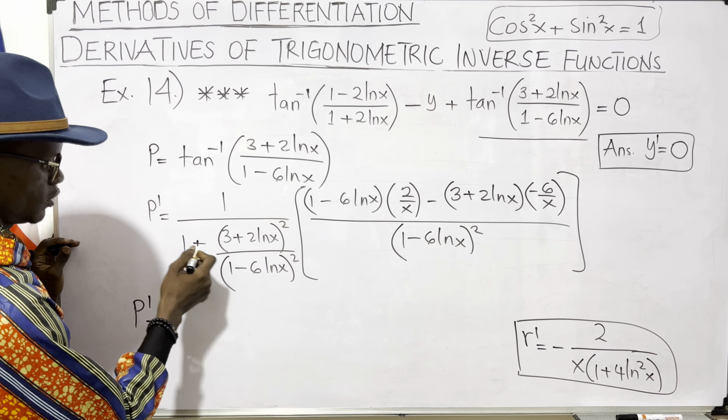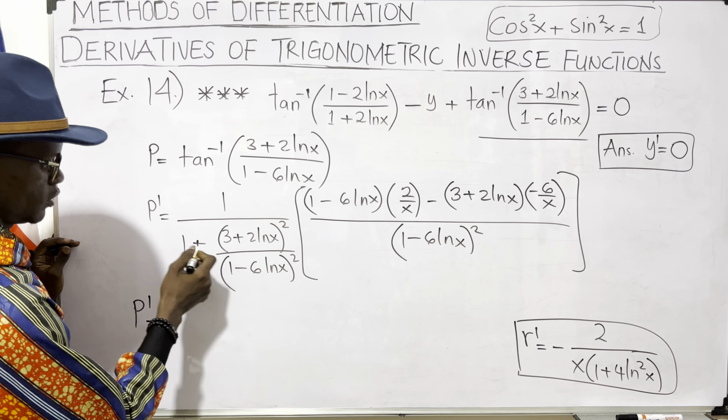So it's 1 all over this, times this gave us (1 minus 6 ln of x) all squared plus (3 plus 2 ln of x) all squared, divided by (1 minus 6 ln of x) all squared. And then times, we can just factor out 2 over x.